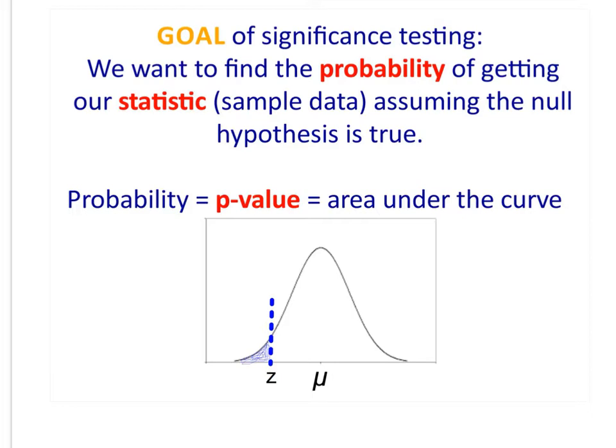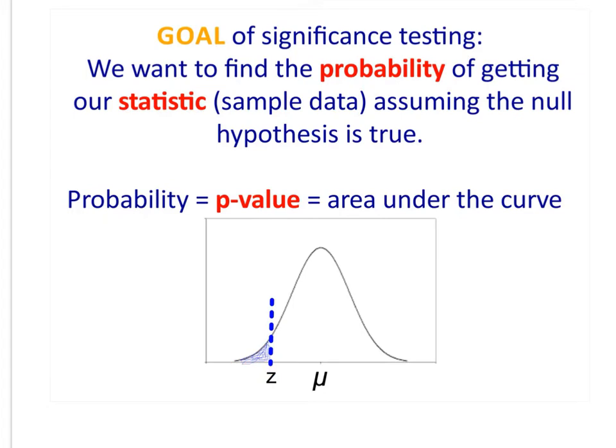So to answer the question, what is the goal? The goal of a significance test is to find the probability of getting the statistic or of getting the sample data, assuming the null hypothesis is true. So we're saying if the claim is true, if the mean truly equals the claim, or the proportion truly equals the claim, what's the likelihood of getting my sample?